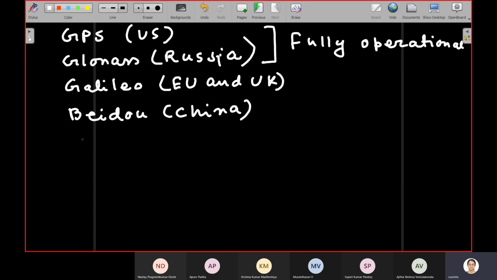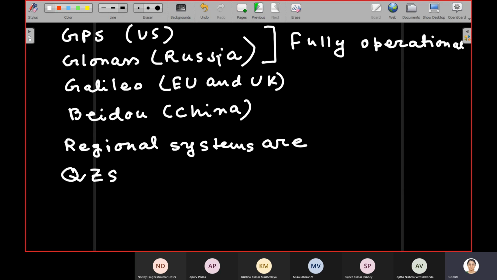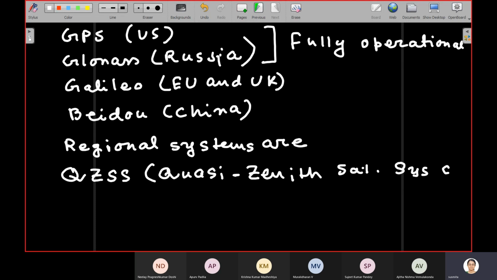There are also some regional systems, in fact 2 regional systems. QZSS, quasi-zenith satellite system of Japan.